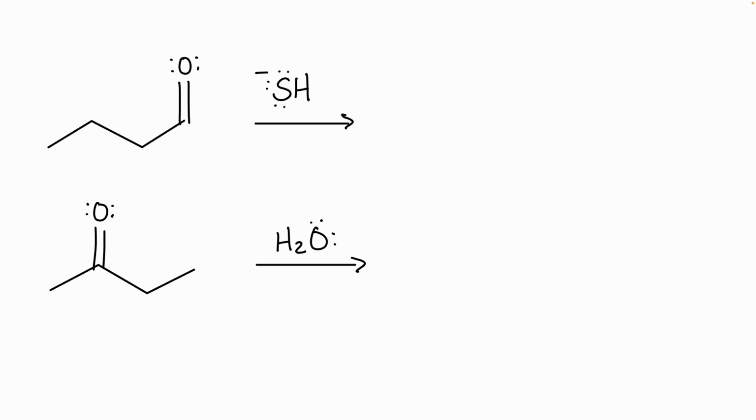All right, so what's my electrophile here? The electrophilic carbonyl carbon. All right, so my electrophile is always going to be that carbonyl carbon. In this molecule here, SH, which one of these atoms is my nucleophilic site? The sulfur that's got all that electron density, right?